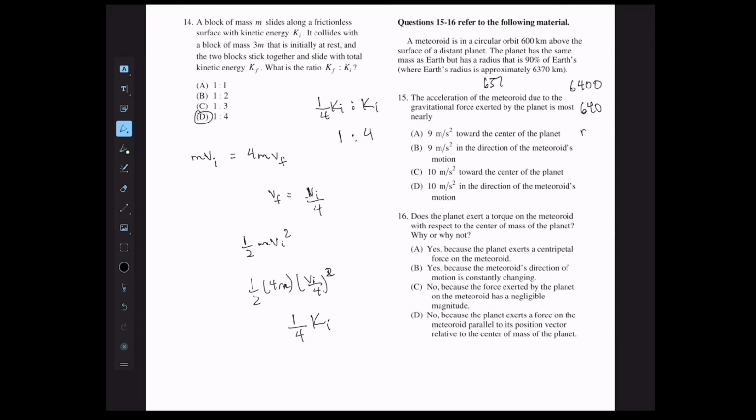Since the radius is smaller and gravitational acceleration is equal to GM over r squared, since the radius gets smaller, this should increase. So it's C, because gravitational acceleration is always directed towards the center of the orbit. Does the planet exert a torque on the meteoroid with respect to the center of mass?